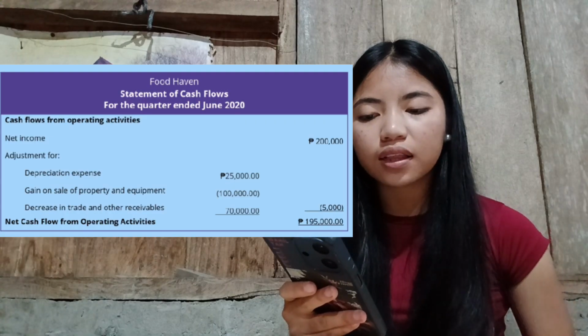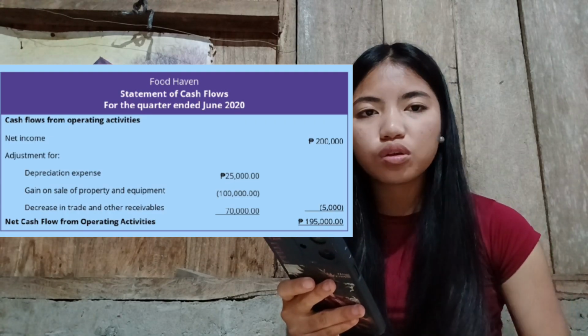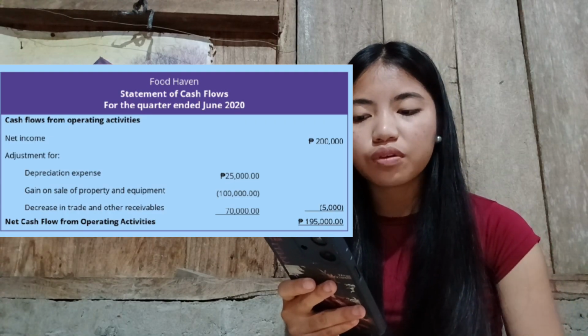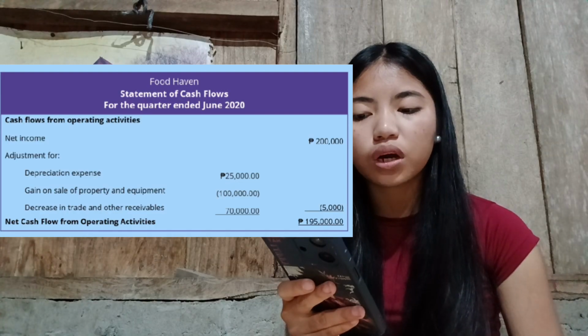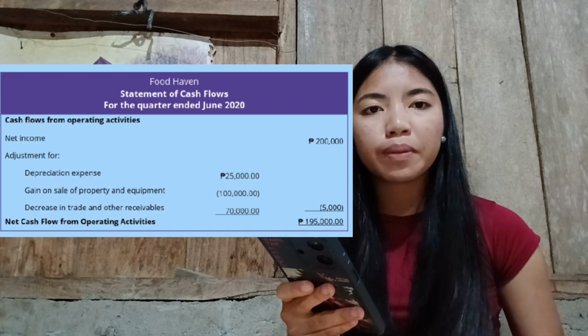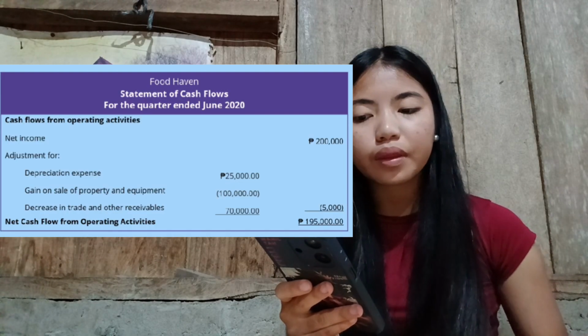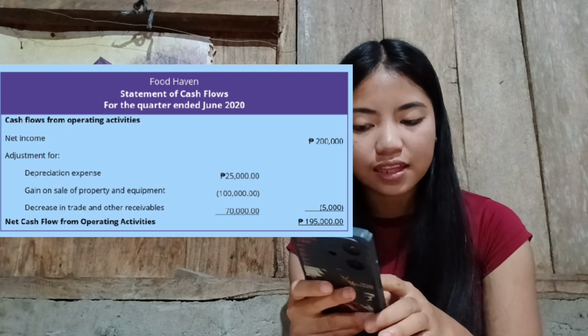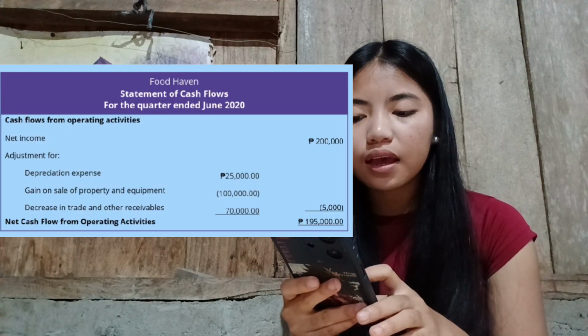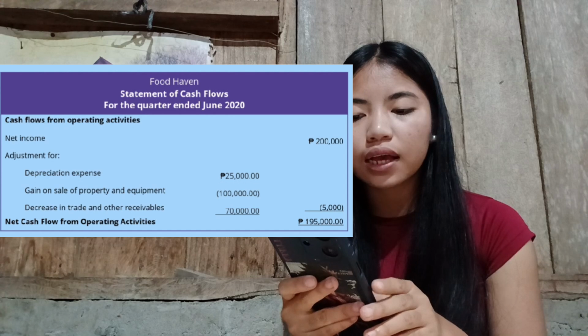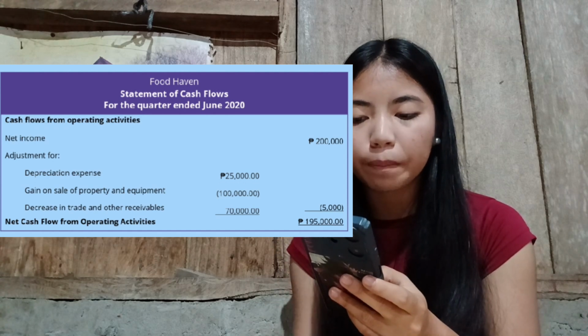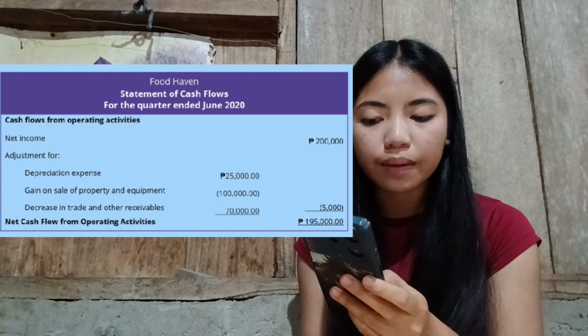So, nganong gi-add natin ang depreciation? Depreciation is an expense that reduces net income but no cash was actually paid. So, mao na yung mga expenses nga nabayran na. Pero, i-add gihapon ni nato siya.